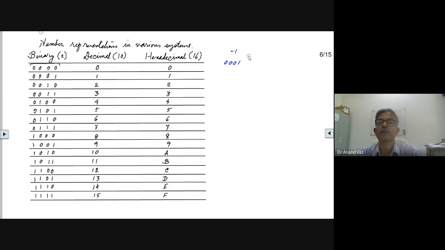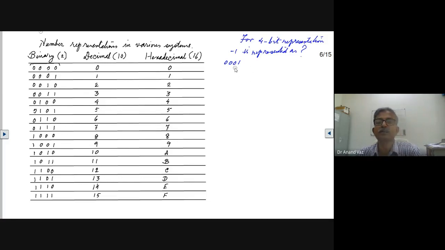-1, how do we represent? Our representation size is going to be 4 bits. So -1 is represented as what?